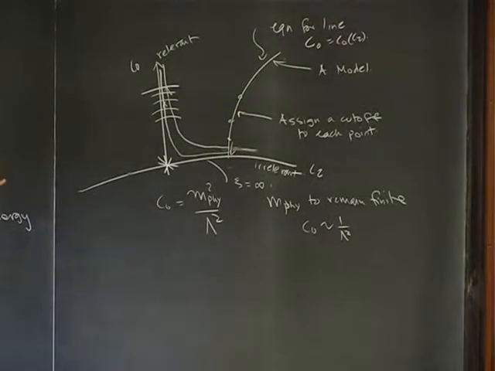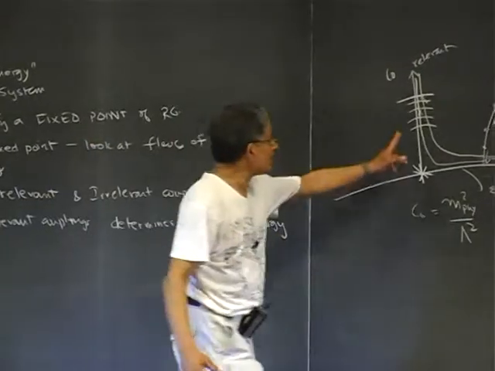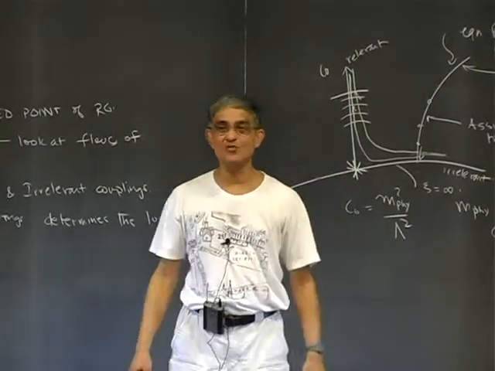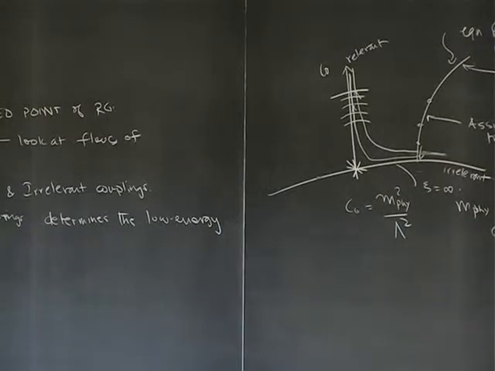The original cutoff is some lambda which has been taken to infinity, but I can still do an RG and look at the physics at 10 GeV, and I get one theory. Then I look at the physics at 5 GeV, and I have another. And this flow tells you the relationship between the physics at 10 GeV and the physics at 5 GeV, all of which is way below the cutoff of the theory, which I can take to the Planck mass. Planck mass has become irrelevant in this limit.